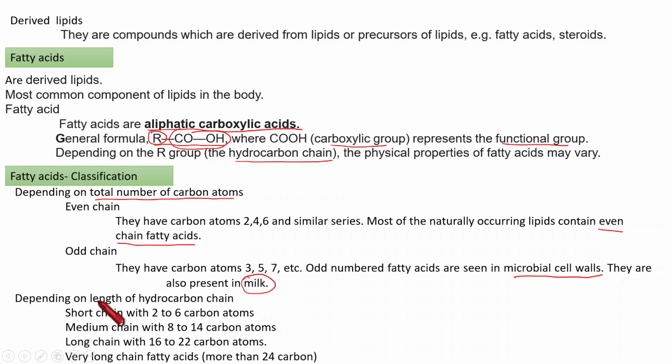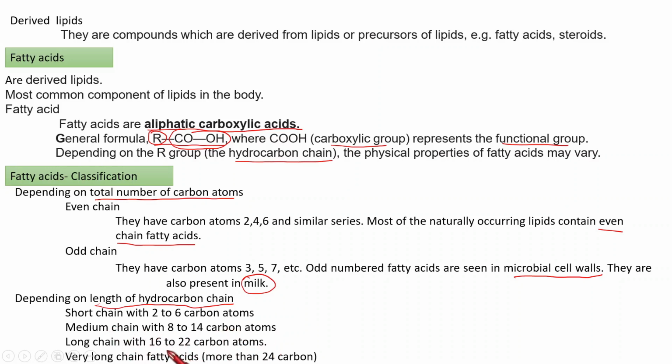The next type of classification depends on the length of the hydrocarbon chain. If the length is only 2 to 6 carbon atoms, it is called short chain. If the hydrocarbon chain has 8 to 14 carbon atoms, it is called medium chain.